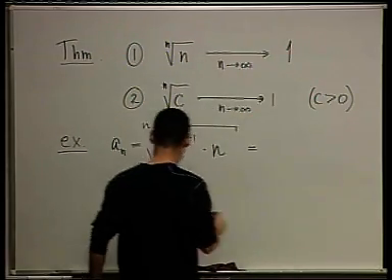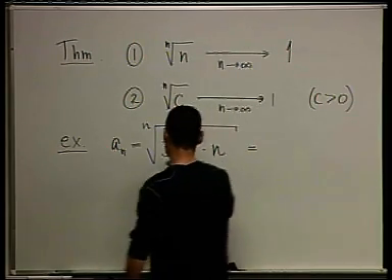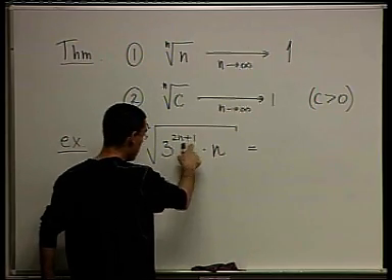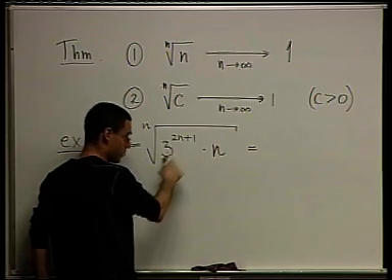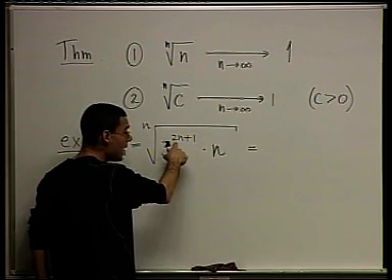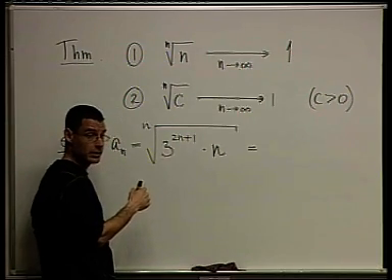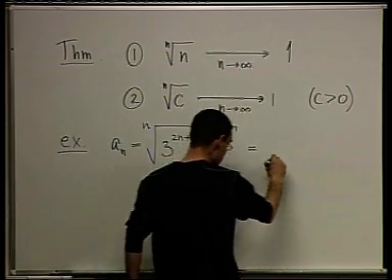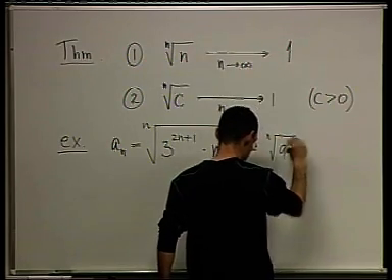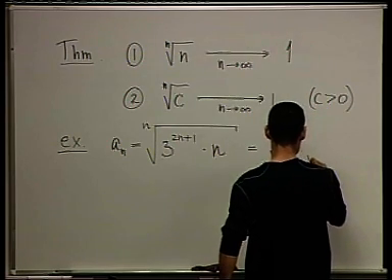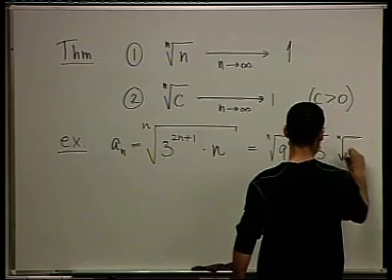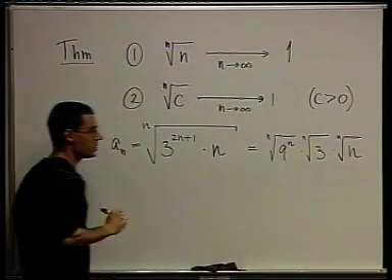Well, you can rewrite it. 3 to the power 2n plus 1 is 3 to the power 2n times 3 to the power 1. Do you agree? And 3 to the power 2n is the same as 9 to the power n. So do you agree that I can rewrite this as the nth root of 9 to the power n times the nth root of 3 times the nth root of n? Do you agree that this and this is the same thing?